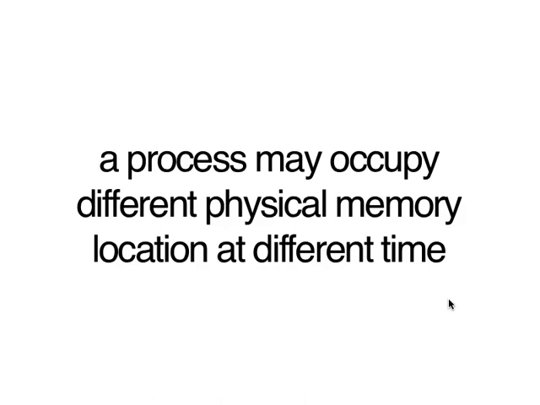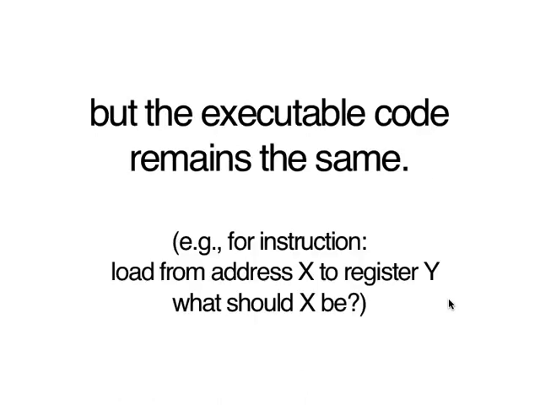So a process might occupy different regions at different times. It might move to the top, to the bottom. It might be split into two, one at the top, one at the bottom, and so on. But when this happens, the executable code of the process must remain the same.